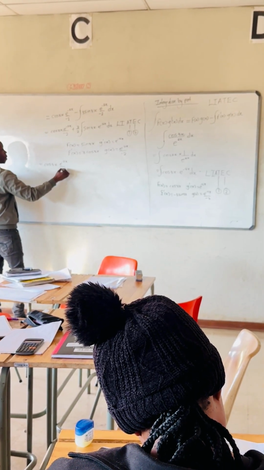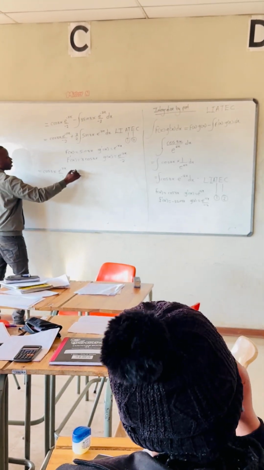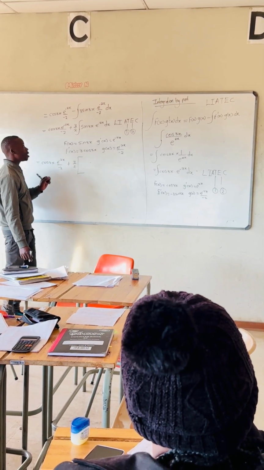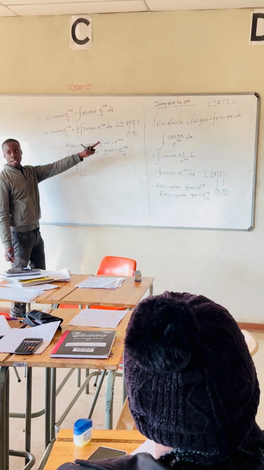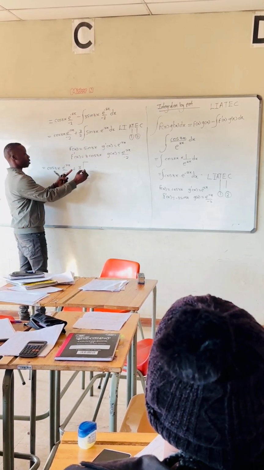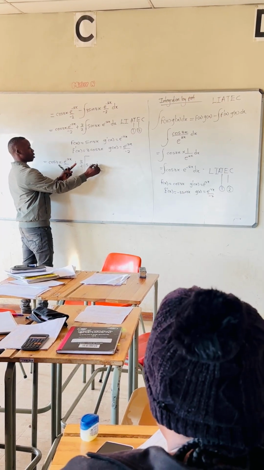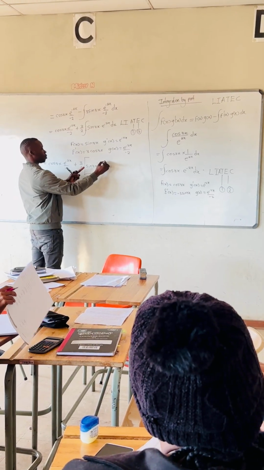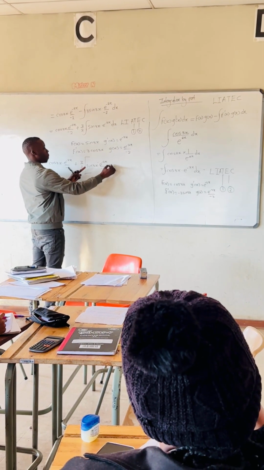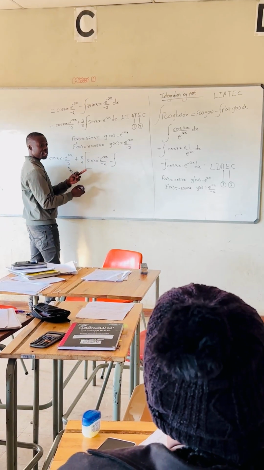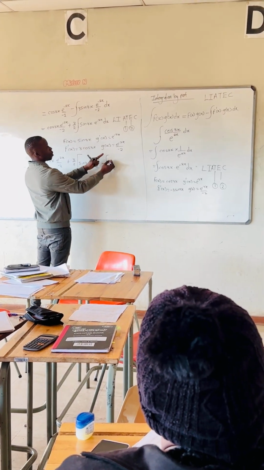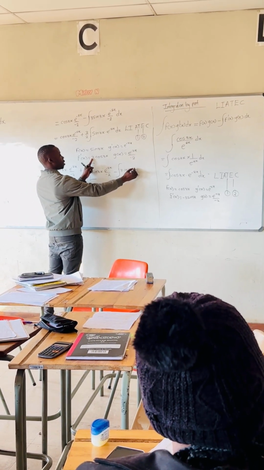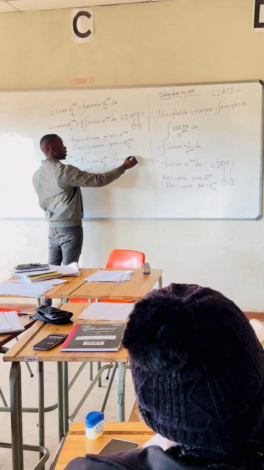Because we want to apply integration by parts for the second time, we first write our constant outside, then you open up brackets. So you write your integration by parts again: f of x multiplied by g of x, minus the integral of the derivative multiplied by your g of x.